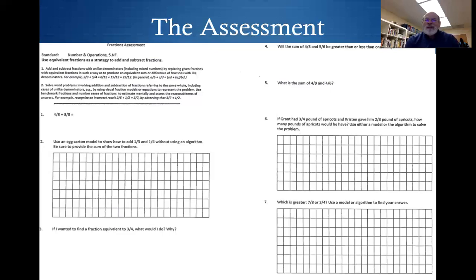Number 3 and number 4 are asking the students to use mathematical reasoning. If the students use an algorithm, then they've got procedural fluency. But if they explain it and their explanation makes sense mathematically, you're looking more at conceptual understanding, mathematical reasoning. And then if you look at 6 and 7, 6 and 7 are both asking students to model.